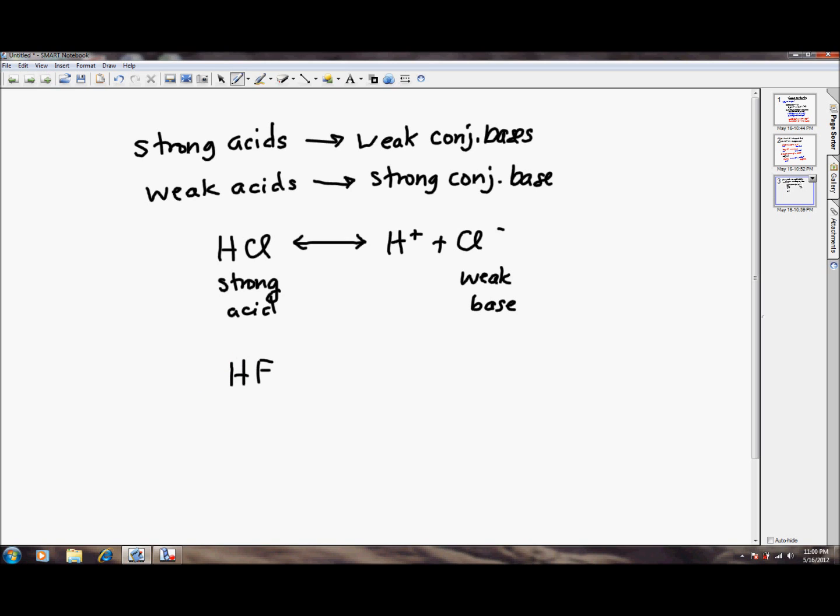Hydrofluoric acid, on the other hand, is a weak acid. That means that very little of it dissociates. What does dissociate produces H plus and F minus. That means that F minus is technically a strong base.